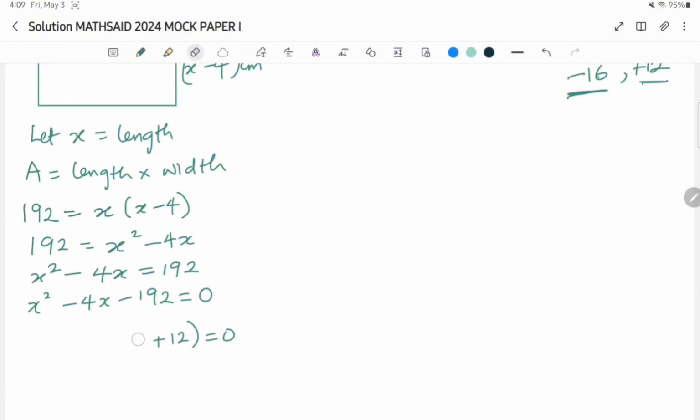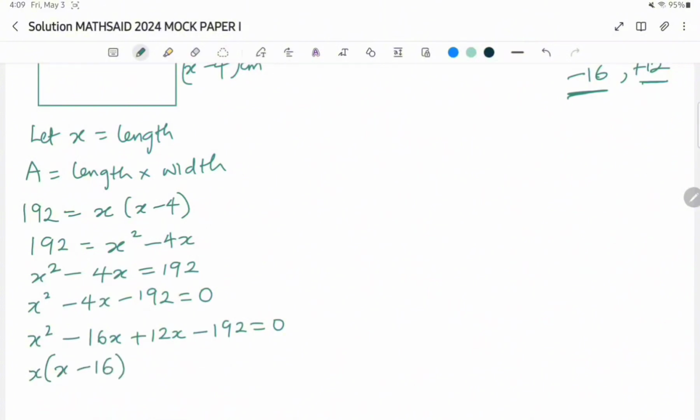So I'm going to clean this and use the traditional method, which is the same thing as x squared minus 16x plus 12x minus 192 equals 0. So you factorize the first two and the last two terms. The common factor to x squared and minus 16x is x, so x minus 16.